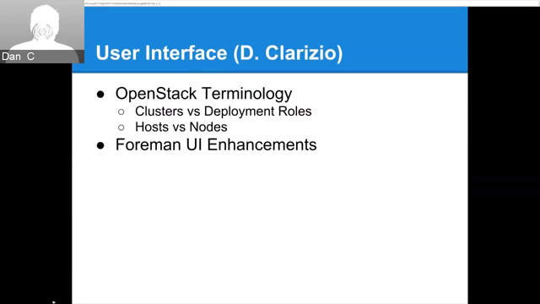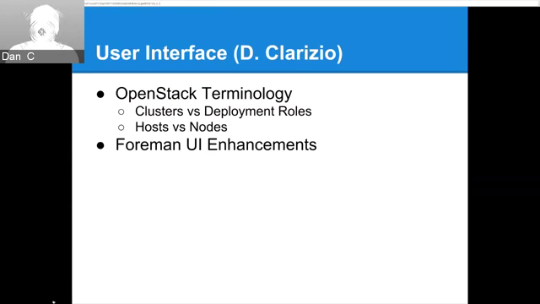All right. Thanks, Greg. So we've added some features in two areas of the user interface. One is in OpenStack terminology, and that's where, with the introduction of OpenStack, there are some objects that are actually modeled the same as clusters and hosts. But in OpenStack terms, they're called deployment roles and nodes.